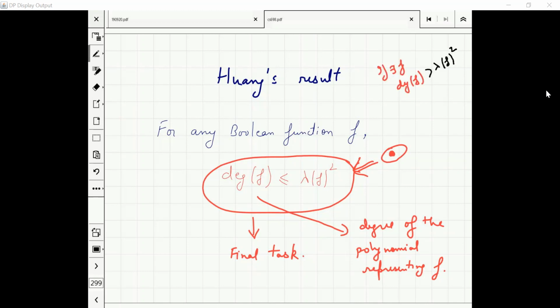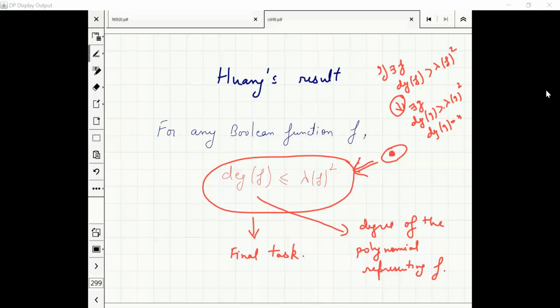If I show that there exists a g such that degree of g is more than lambda g square and degree of g is complete, then I'm done. If I can prove this, then I can assume degree g to be complete.